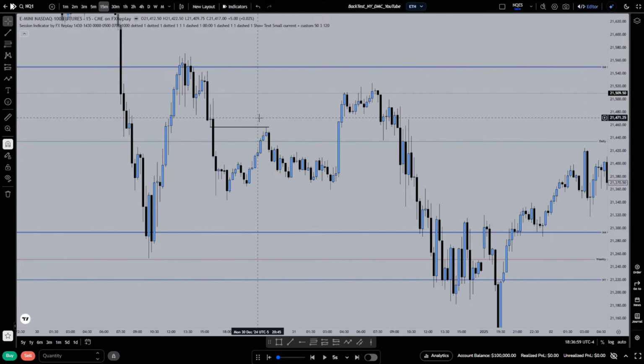We test this one, and then we try to break this low, which we could not. And here these levels are all tested. So I'm not quite sure why we go back up, but we do.